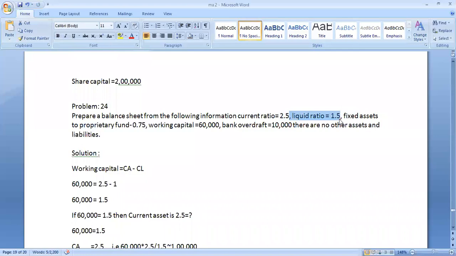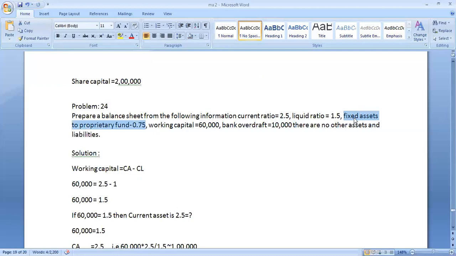All the liquid assets as well as the liquid liabilities. Then fixed assets, absolute liquid ratio. So absolute liquid ratio includes all the assets. Now there is fixed assets to proprietor's fund.